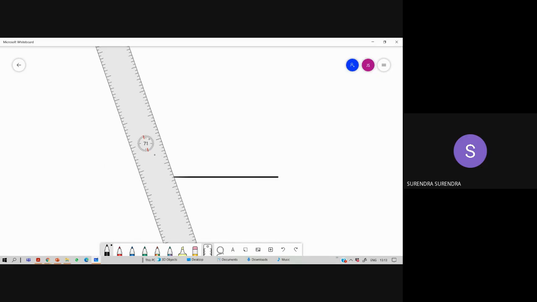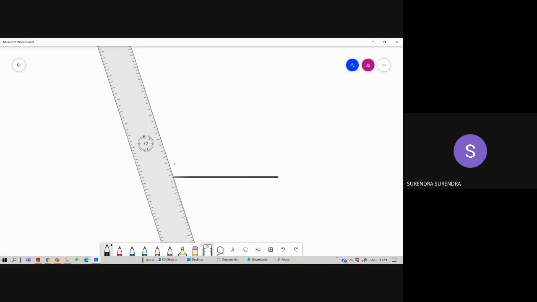So not 72, it should be 108. Total straight line is 180 minus 72, the remaining is 108.